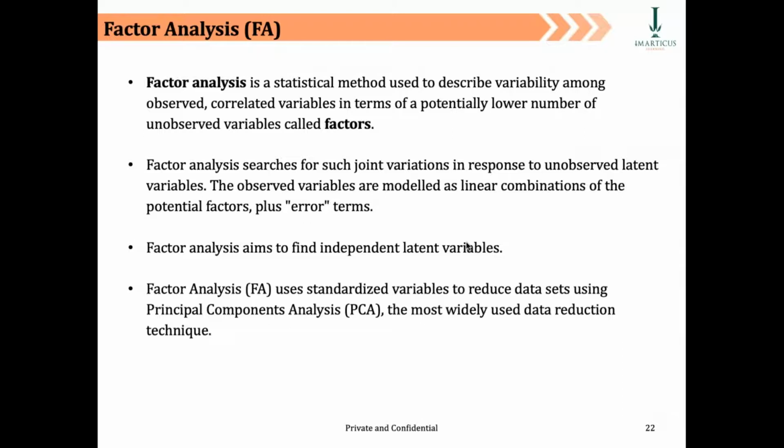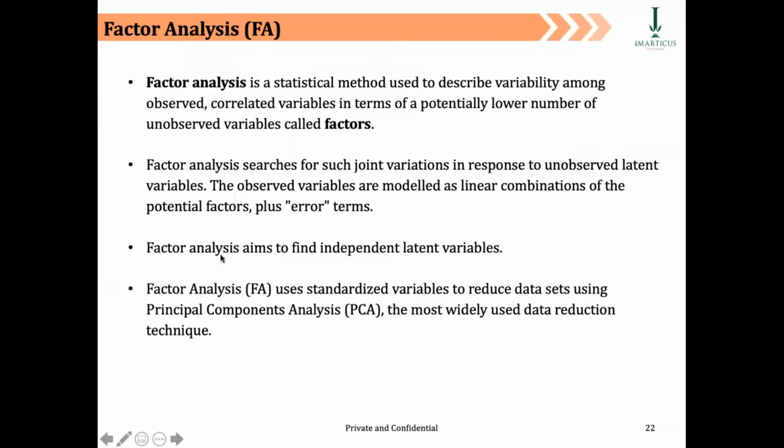That means from the data we are taking out the factors. The factor analysis approach models such joint variations in response to latent variables; we try to understand what the hidden variables are. The observed variables are modeled as a linear combination of the potential factors plus error terms.